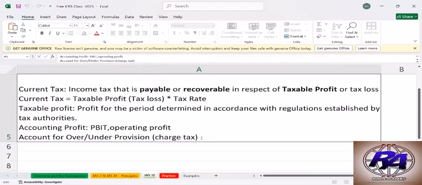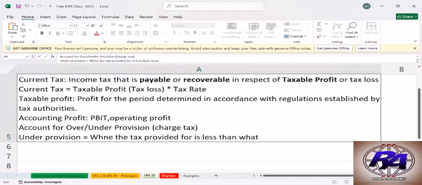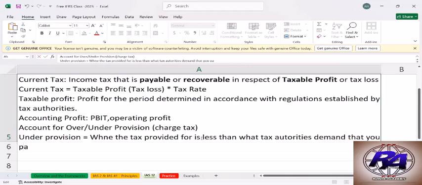So under provision is equal to when the tax provided for is lesser than what the tax authority demands that you pay.